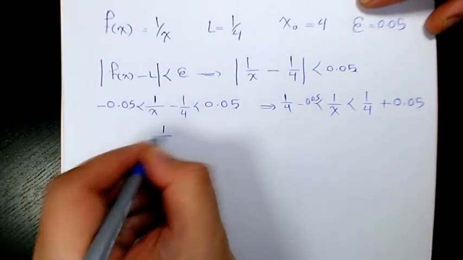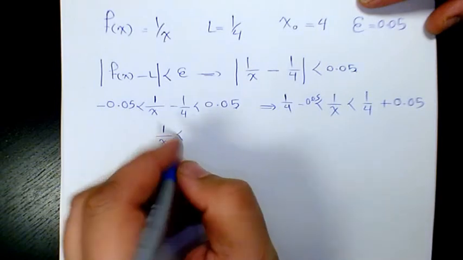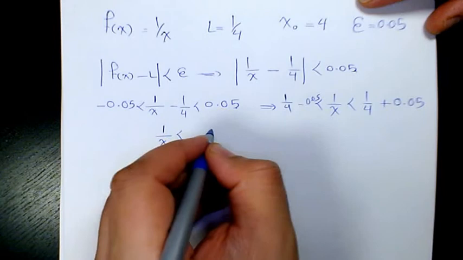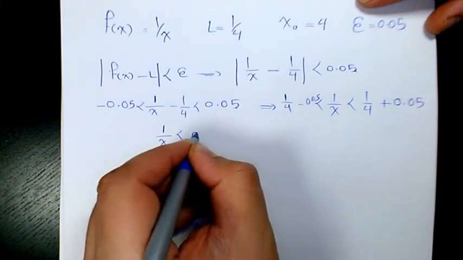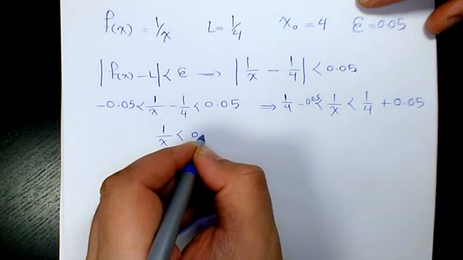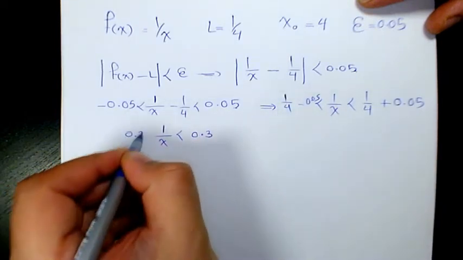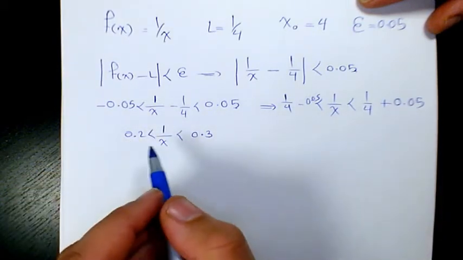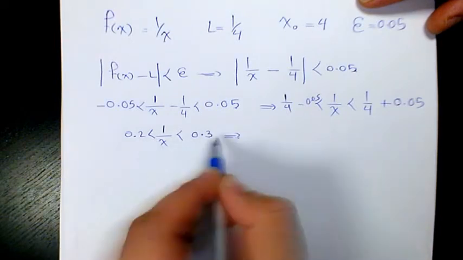So we have 1 over x, 0.25 plus 0.05 is going to be 0.3, and here it's going to be 0.2. Now what we need to do is inverse them.